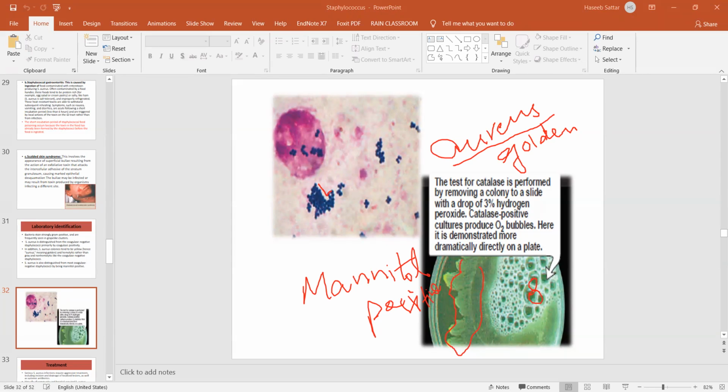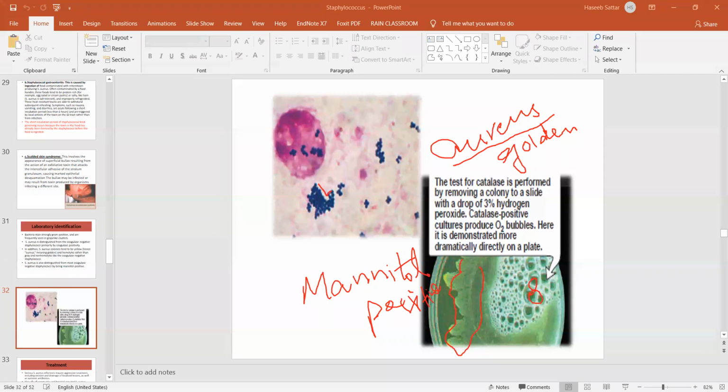Staphylococcus aureus produces yellow color colonies, and that is what we use for identification. And second, this bacteria is mannitol positive.